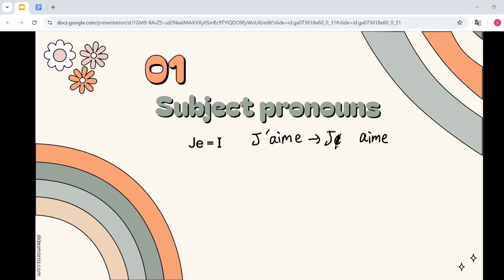We're going to remove one of them, and usually it's the first one, especially if it's an E. And then we're going to add an apostrophe, and that way we link this together, so it becomes j'aime. See how there is no weird pause anymore? That's what this is. So you might see it under the guise of je, or you might see it as J with an apostrophe. Let's keep going.